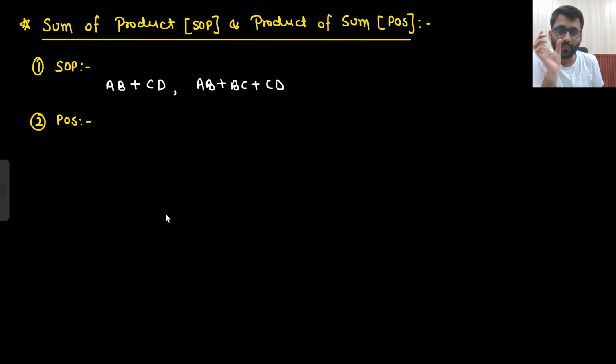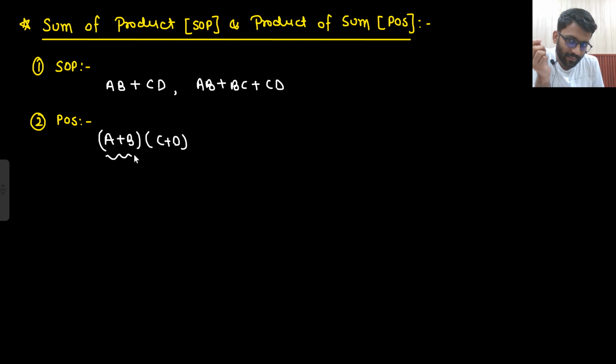Now we will see product of sum. First we need to do the sum and then the product. These two are the sum terms. Again we will discuss it when we study K-maps and Boolean algebra. But here, the basic prerequisite you need to have is product of sum.